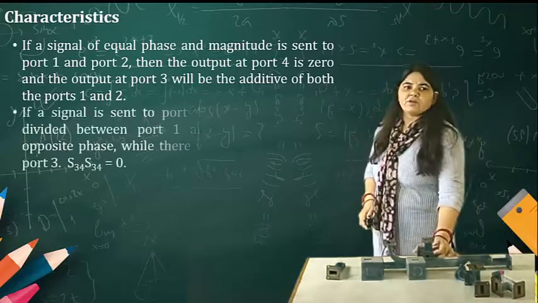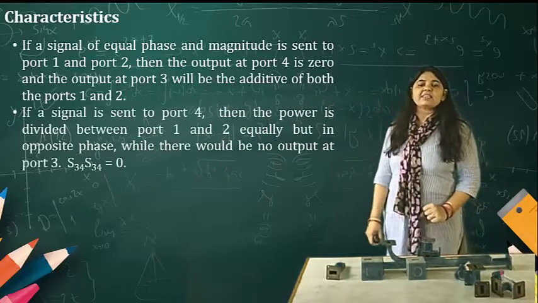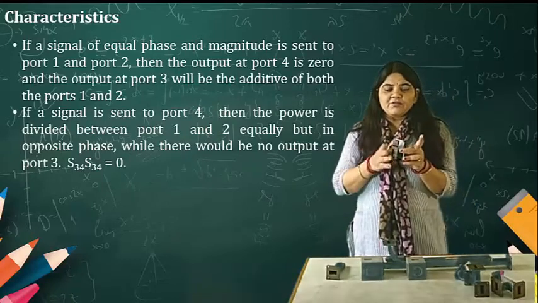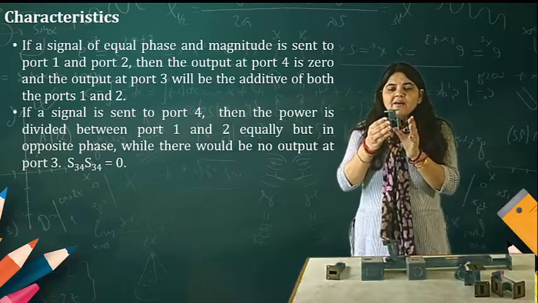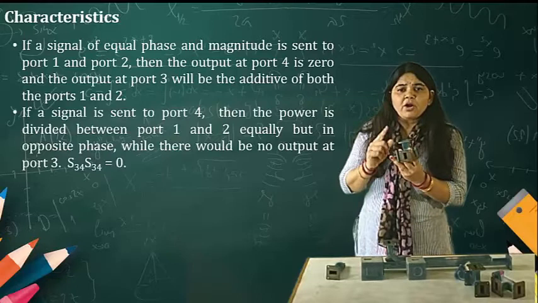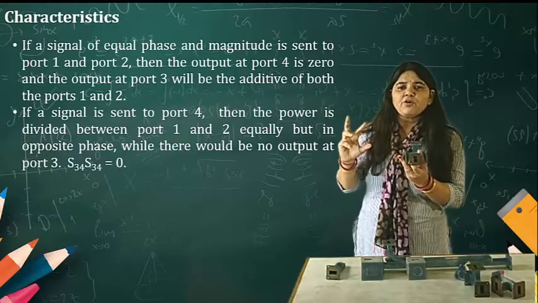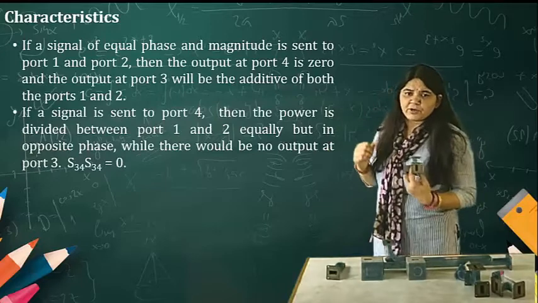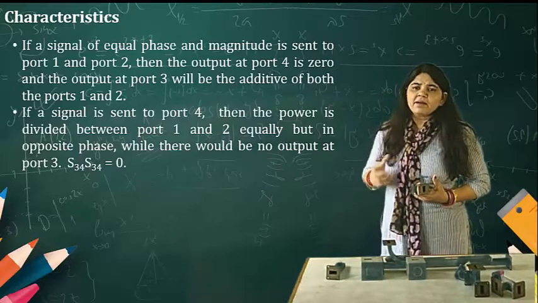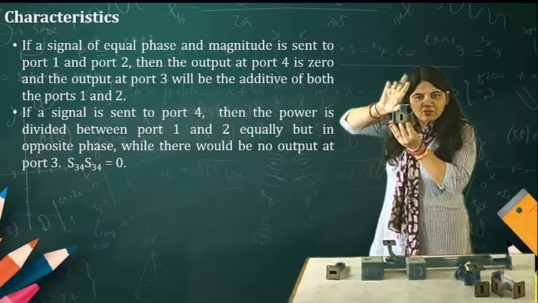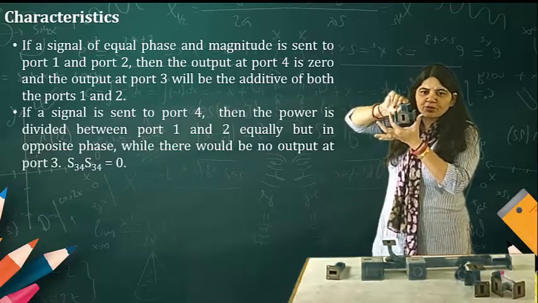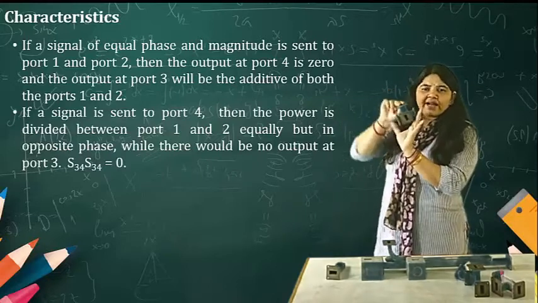Keep in mind that if a signal is sent to port number 4, the power is divided. In the H plane T, if you apply the input from the H arm with equal phase and same magnitude, you get the output at port number 1 and port number 2.